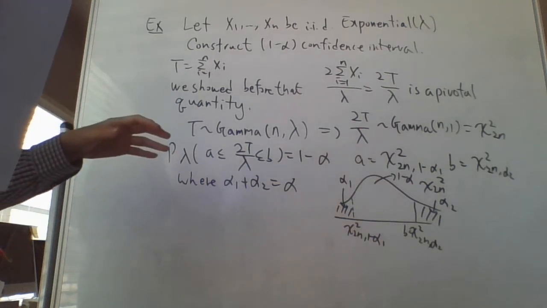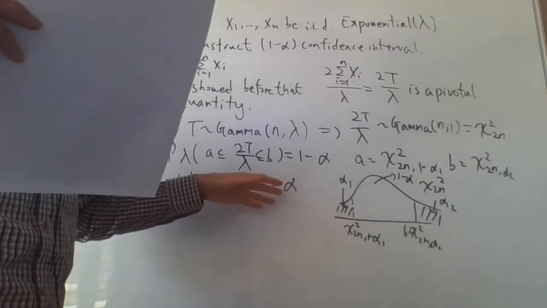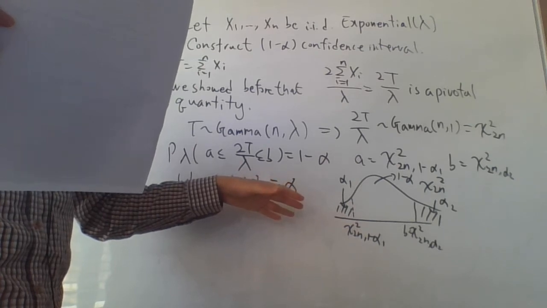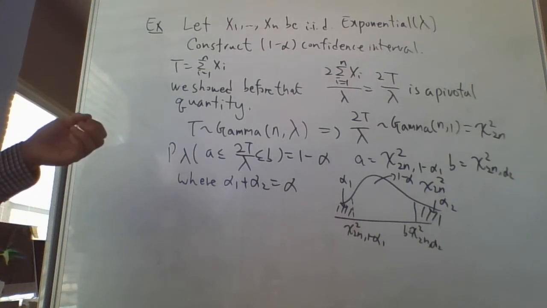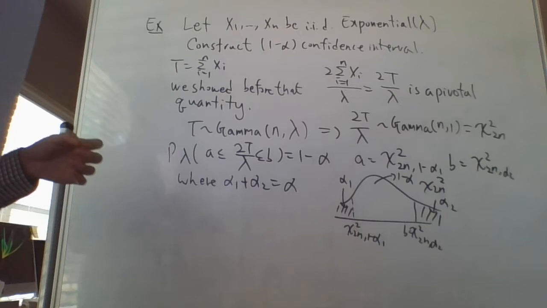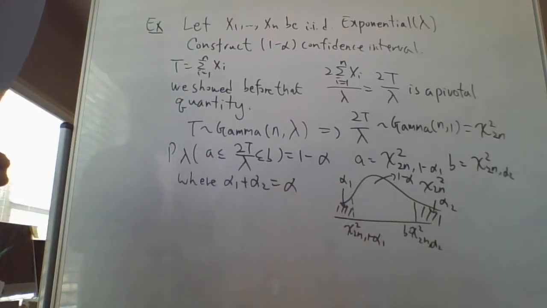For the lower end, we find the value of the chi-square 2n distribution at percentile 1 minus alpha 1, and for B it is the percentile alpha 2.